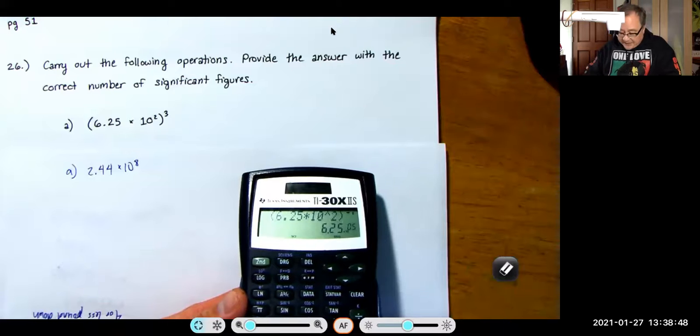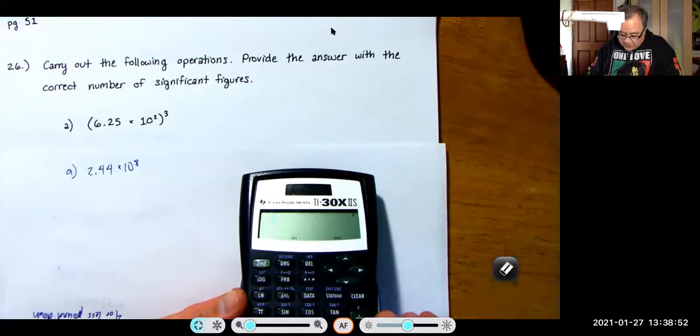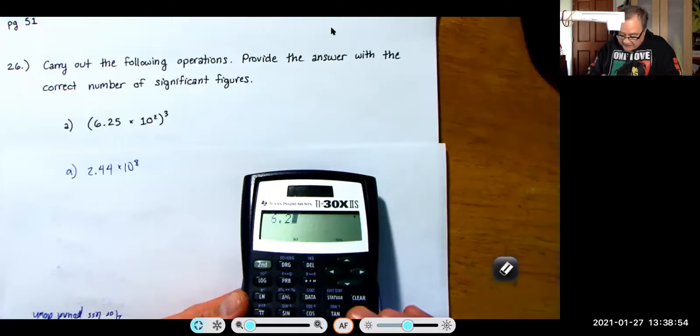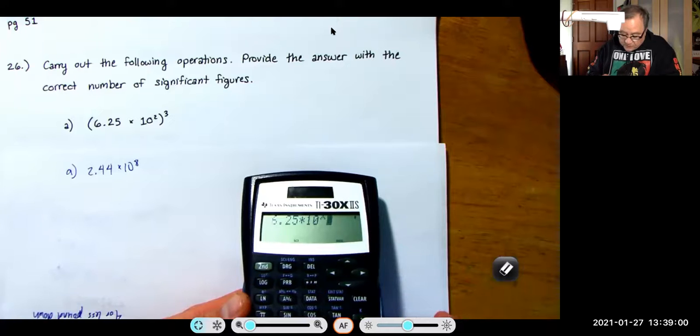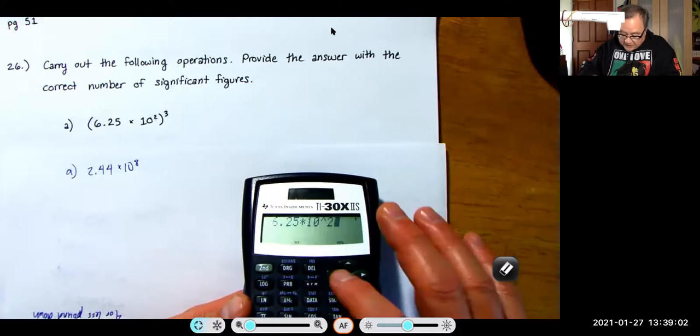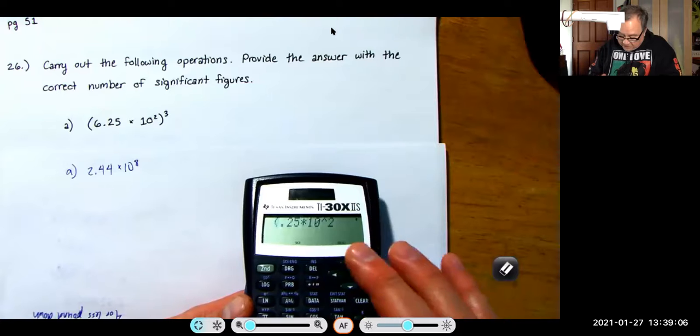Oh, and I made a mistake. Let me try that one again. 6.25 times 10 caret 2. Oh, and I forgot my parentheses. Gosh darn it. So I probably have to start all over.